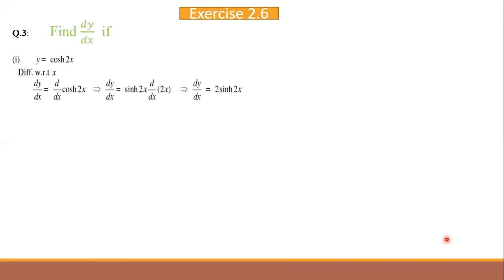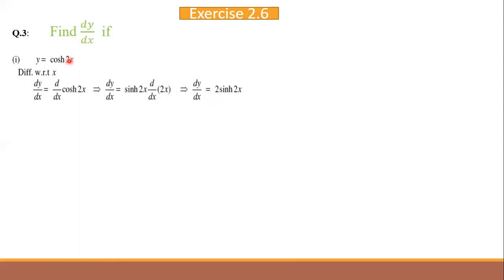Find dy by dx if the first part is y is cosh of 2x. The derivative of cosh x is sinh x, so differentiating with respect to x, dy by dx is sinh of 2x into the derivative of 2x, and the derivative of 2x is 2.